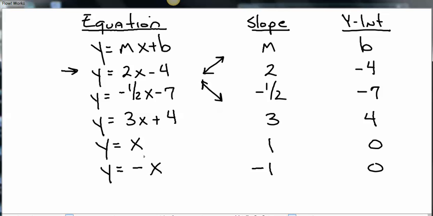Yes? What's that? I don't think you would see that, but if it is, it's neither positive nor negative, so it's still 0.